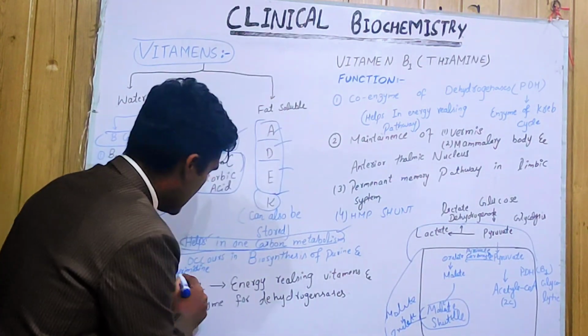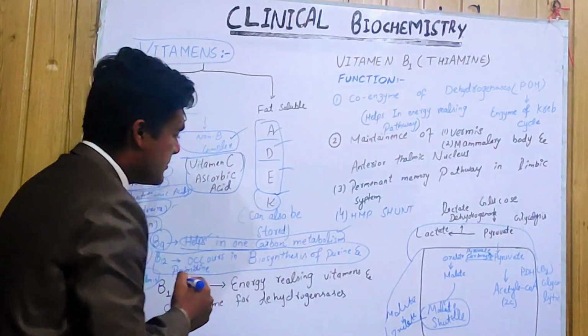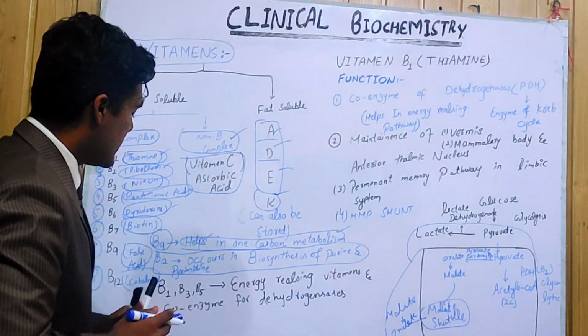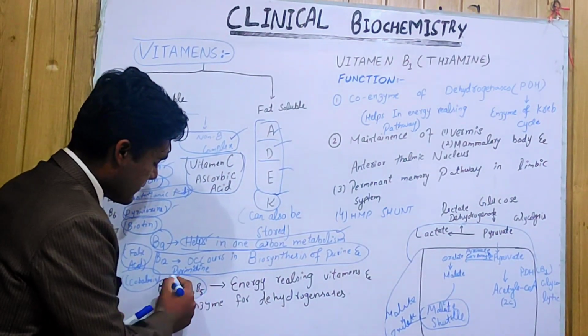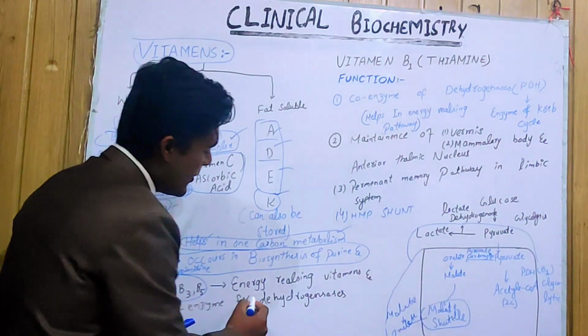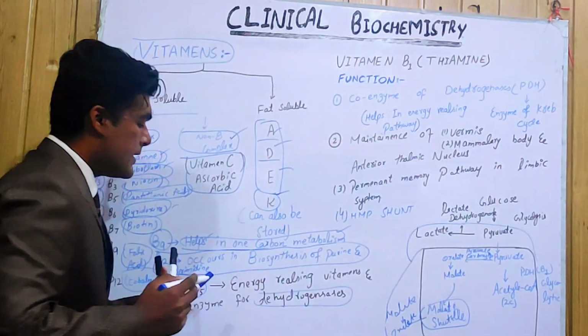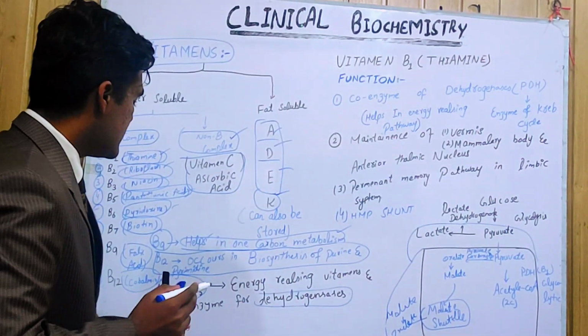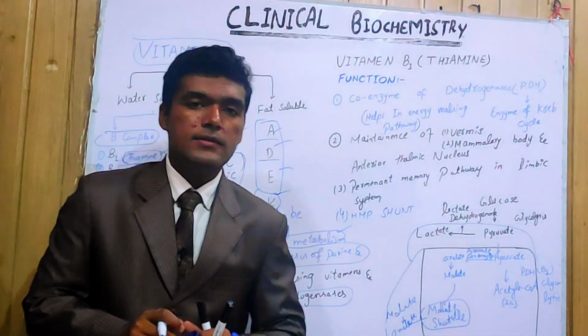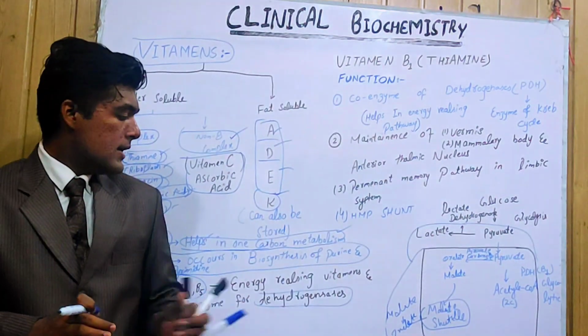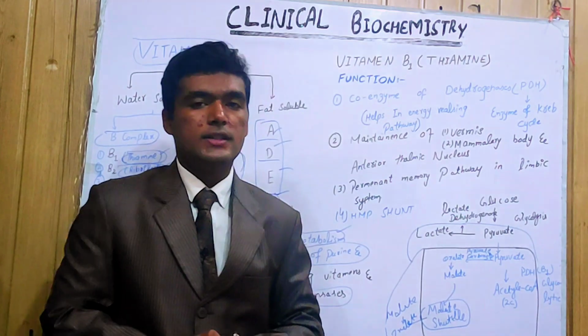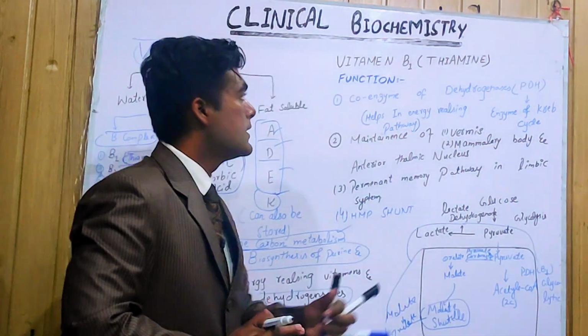B12 is basically involved in biosynthesis of purine and pyrimidine. B1, 3 and 5 are the coenzymes for dehydrogenases. They are energy releasing enzymes for dehydrogenases, and we are going to discuss B1, so we will discuss here how they are energy releasing and coenzyme for dehydrogenases.